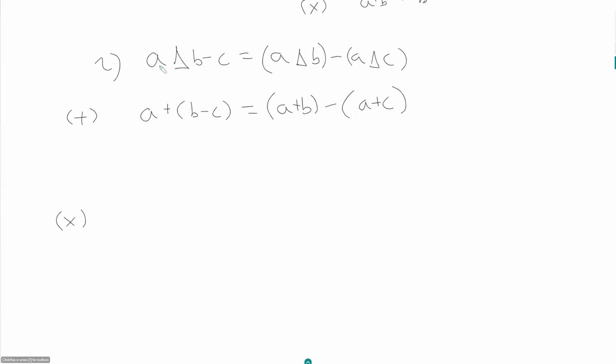Our equation would be A times the quantity B minus C is equal to A times B minus A times C.